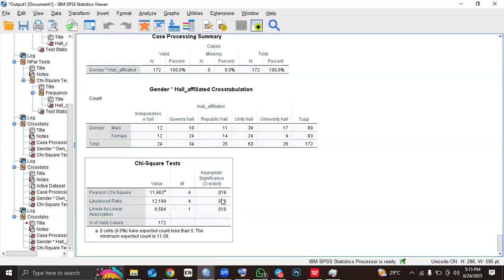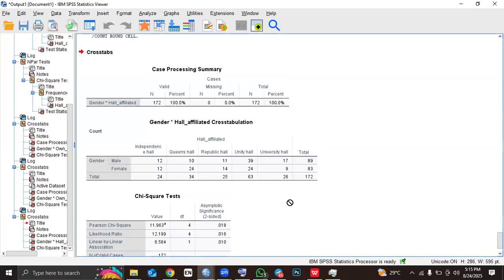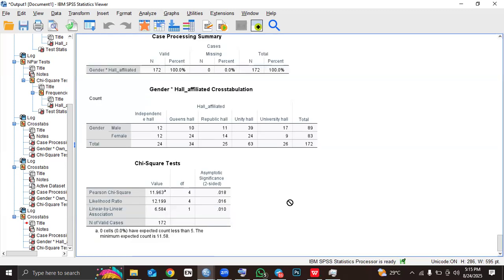So this is a simple cross tabulation where the chi-square test of homogeneity was able to help us determine the association between gender and hall of affiliation. Very simple, very easy. So this brings us to the end of our lesson on chi-square test.